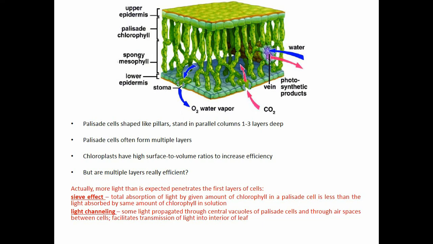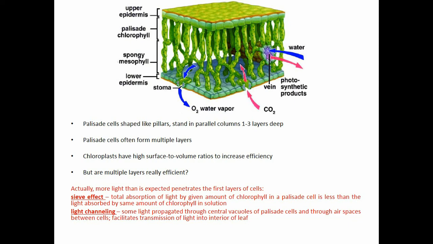The sieve effect is this idea that the light is going to come through and it's going to bounce and bounce and bounce, but there are so many layers that it will eventually be absorbed. And light channeling is that there are various layers, and if what comes in here slips through, it'll get absorbed here. If it slips through, it'll get absorbed here. So with this light channeling, it will eventually get absorbed.